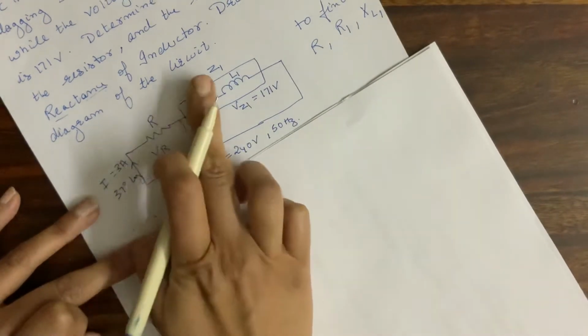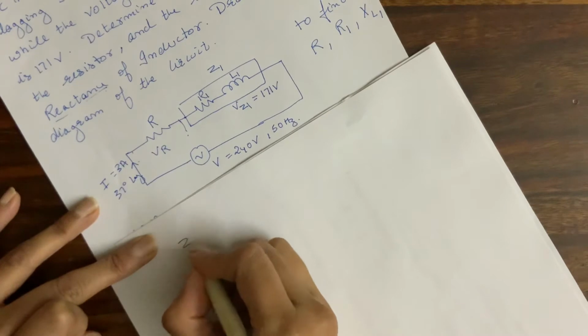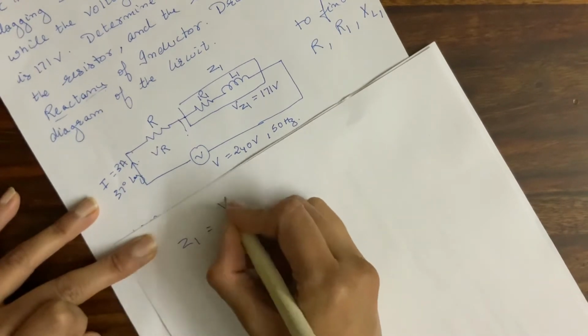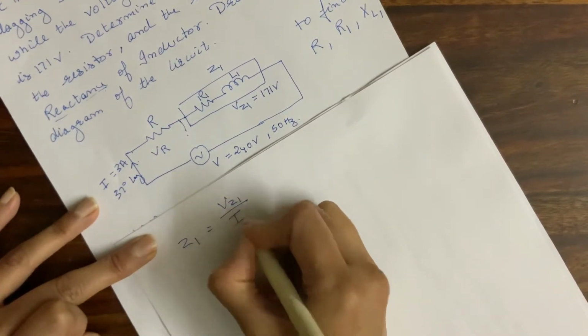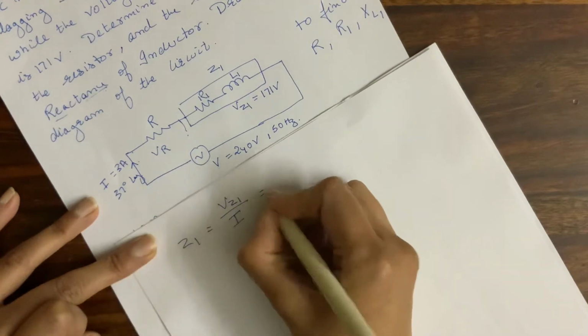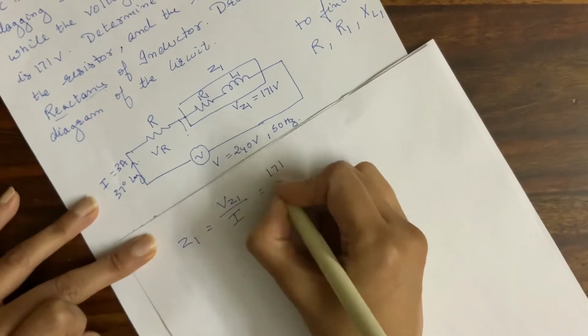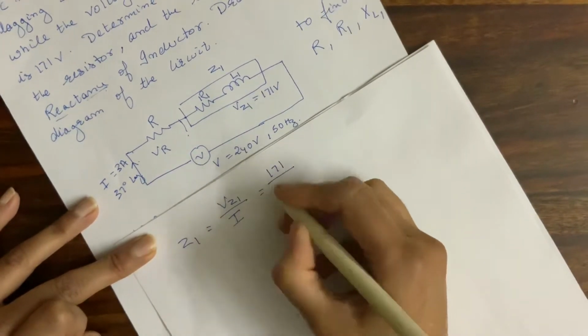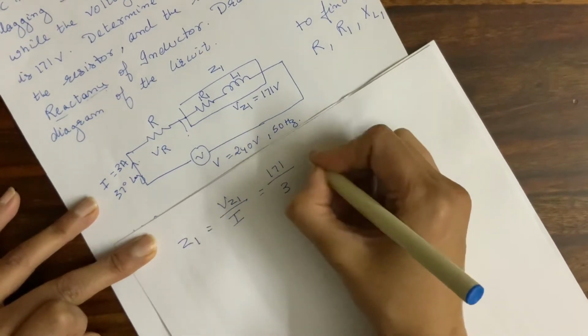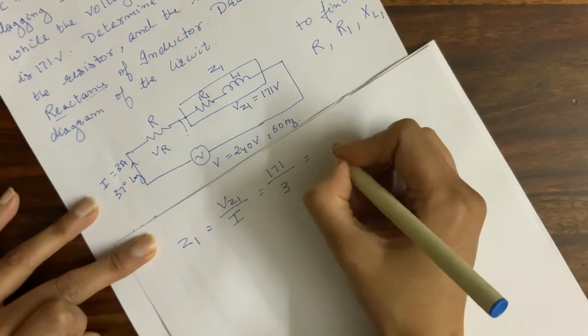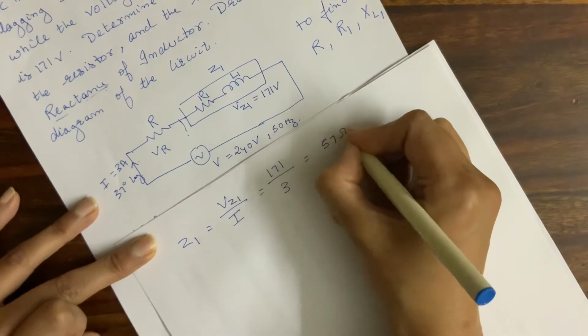So we can find the Z1 value. Z1 is equal to VZ1 upon I, because I is the same in the whole circuit. VZ1 is 171, I is 3, so we get Z1 as 57 ohms.